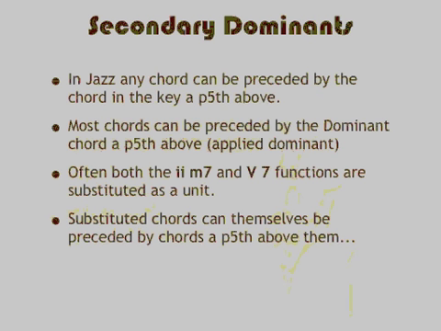I guess that would mean that it isn't really a secondary dominant, but it's the same basic idea that you take advantage of that root movement by perfect 5th. Oftentimes in jazz, instead of just substituting the 5 chord as the secondary dominant, they'll substitute both the 2 and the 5 chord in the key. We'll see some examples of that in the music that we look at.